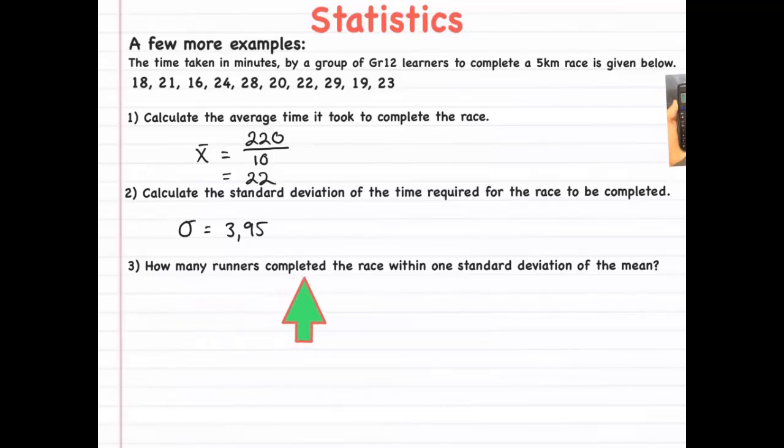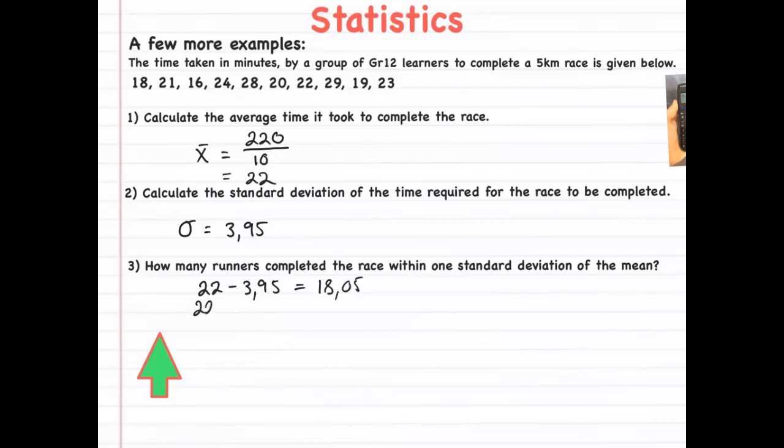How many runners completed the race within 1 standard deviation of the mean? So again, what we need to do is we have to take our average and then we are going to minus the standard deviation. So 22 minus 3,95, and then once we calculate that, we write that answer down because it's so important, and that will be 18,05.